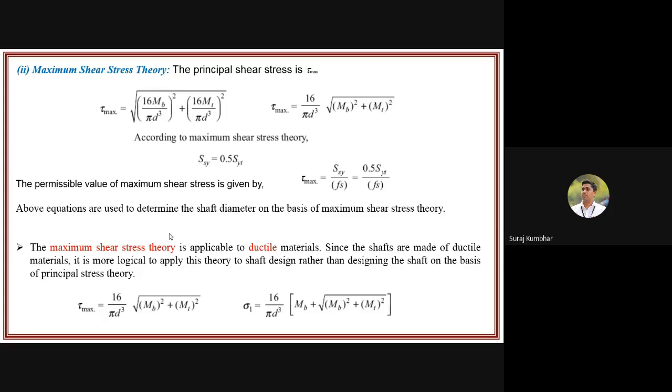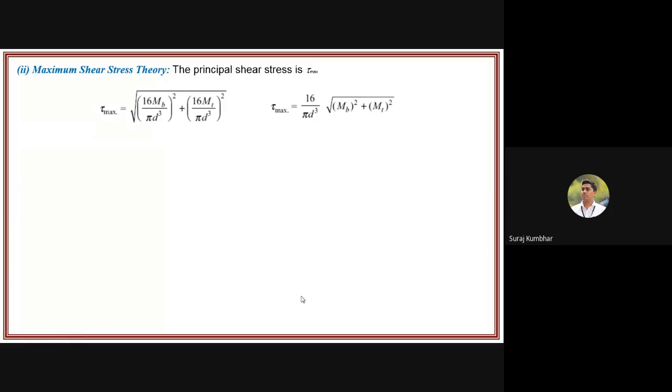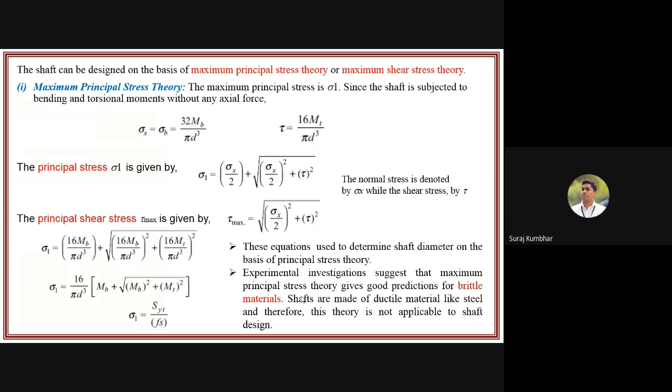Then we have seen the maximum shear stress theory, designing of a shaft based on the maximum shear stress theory, and these are the two formulas. Then the design of a shaft on the basis of the maximum principal stress theory, that is sigma 1 is equal to this formula.